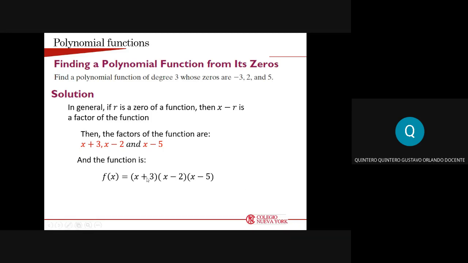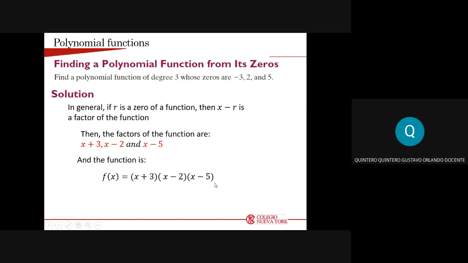Now, how do we know if this is of degree 3 or not? Remember, the question is saying, find a polynomial function of degree 3. Well, in here, every single exponent is to the first power. How do we know if this is degree 3 or not?